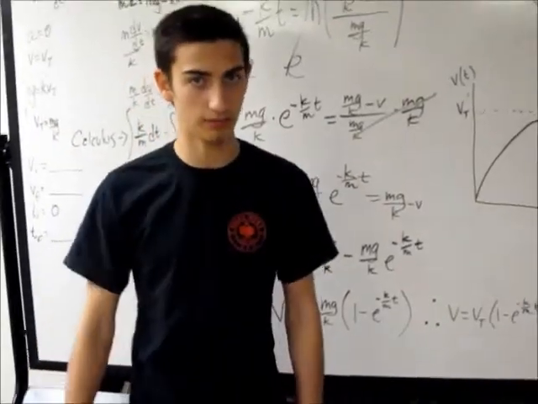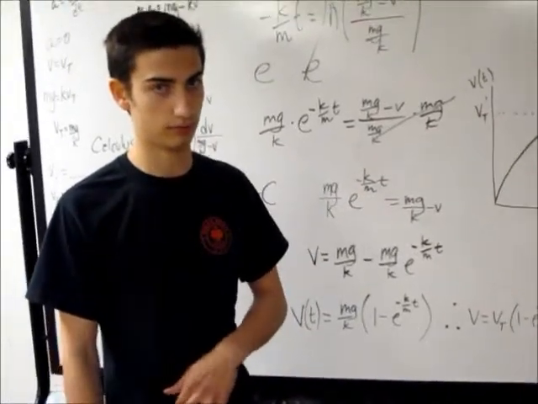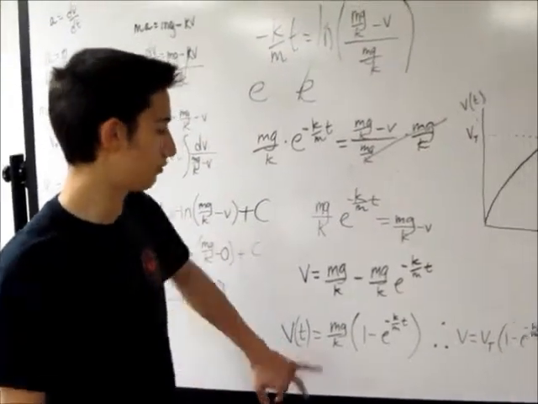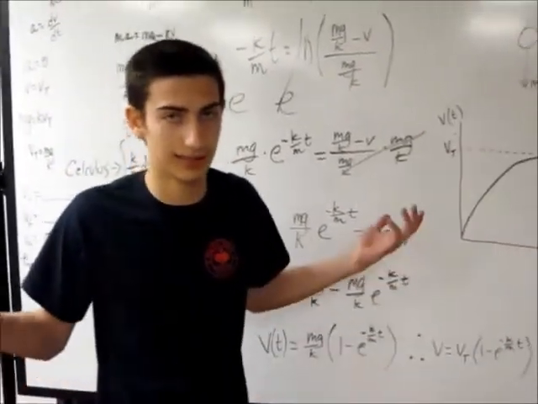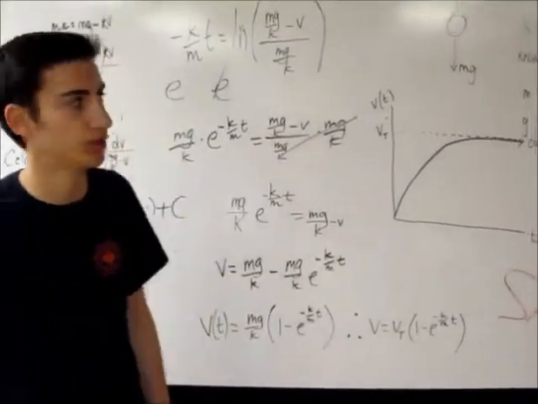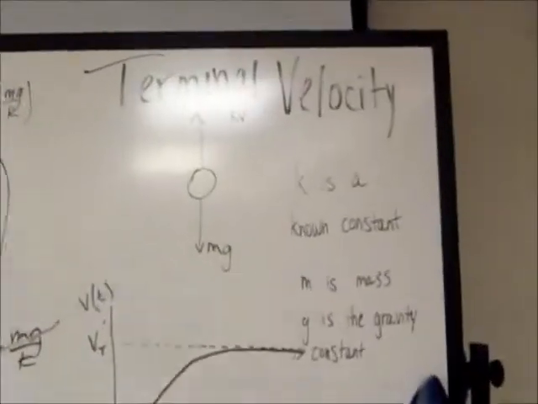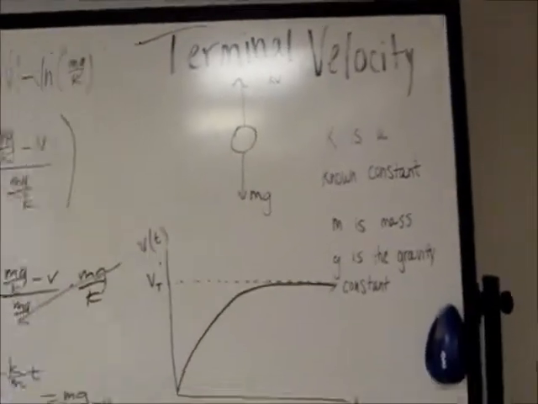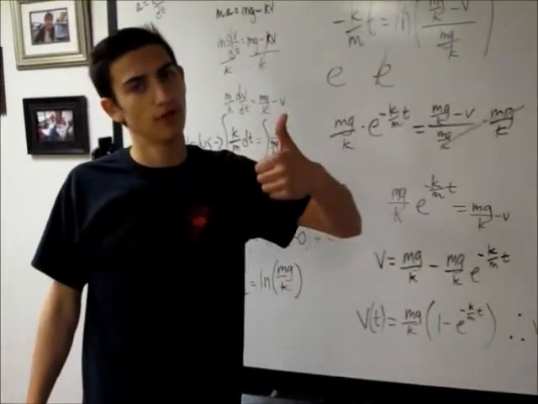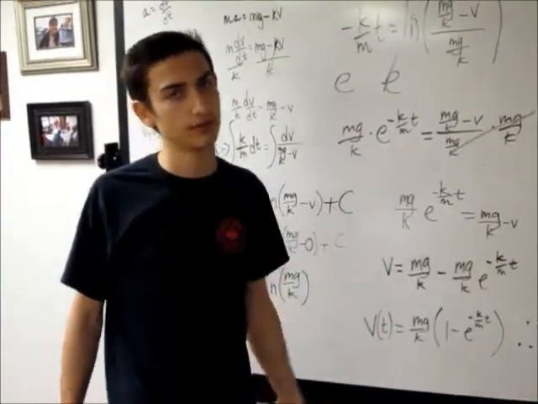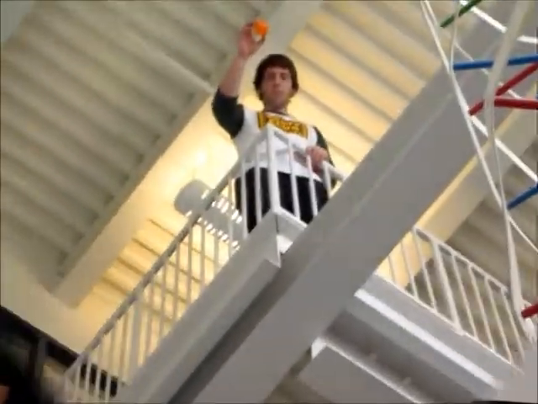It's not going to come out nice, it's going to come out really nasty, because you're going to have to differentiate it with respect to t, and then you get acceleration. But what's the point of acceleration when it's terminal velocity? That's all. Mark's doing a demonstration. That's our project. Go for it.